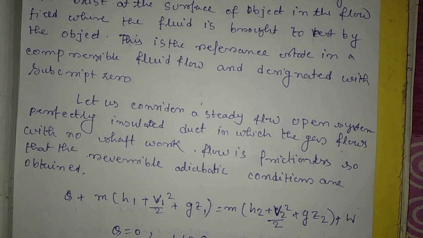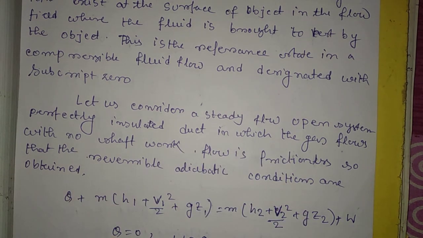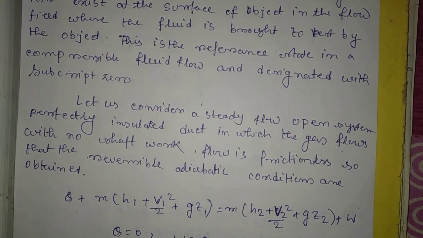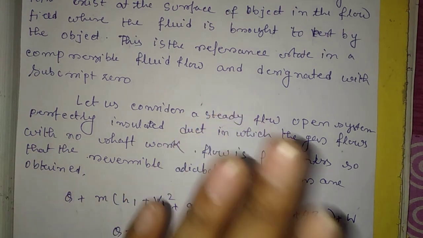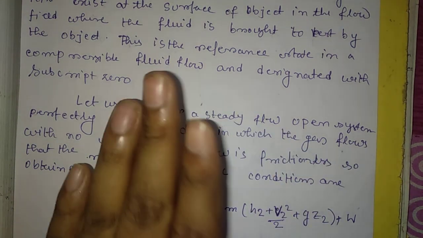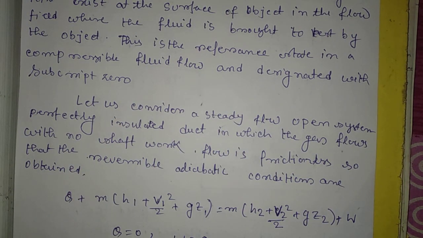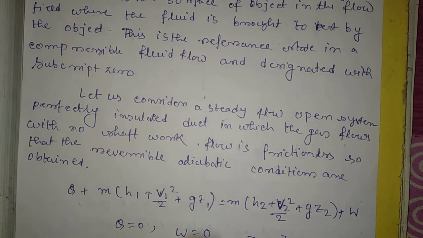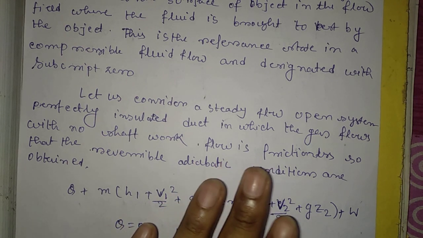To obtain a reversible adiabatic or isentropic process, the condition is such that there is no friction at all, and as it is an adiabatic process, no heat transfer takes place. All these assumptions follow so that the reversible adiabatic condition is obtained.